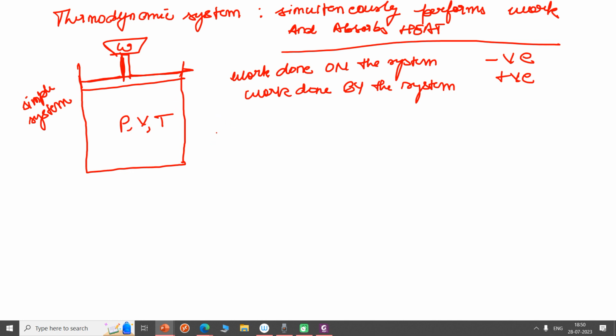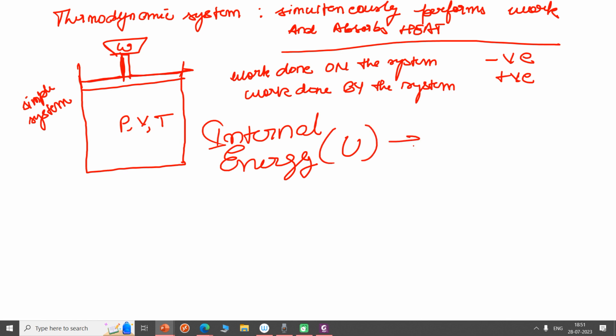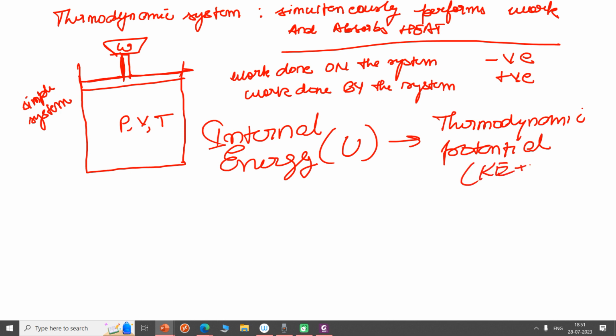Now what is this internal energy? Internal energy, U, is also described as a thermodynamic potential, and it basically depends on the kinetic and potential energy contributions.